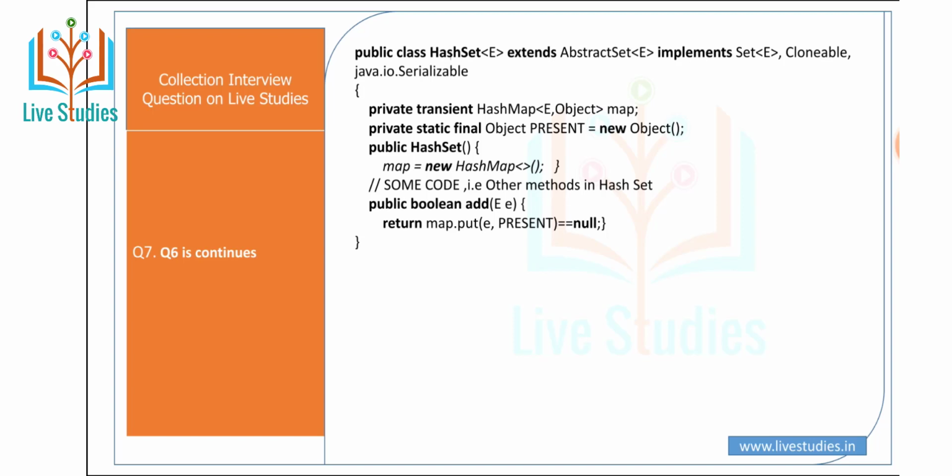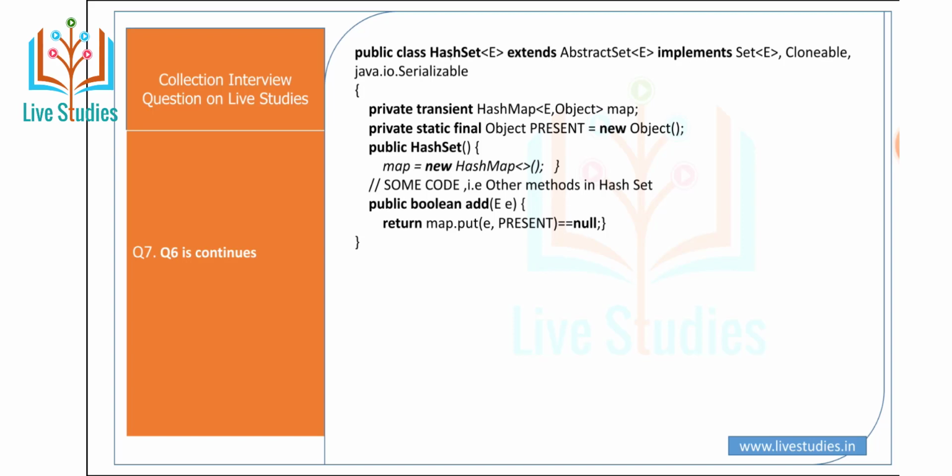So what we do in the Set is pass the argument e in the add method as a key in the HashMap. Now we need to associate a value with the key. So what the Java API developers did is pass a dummy value, that is a new Object, which is referred to by the object reference PRESENT.